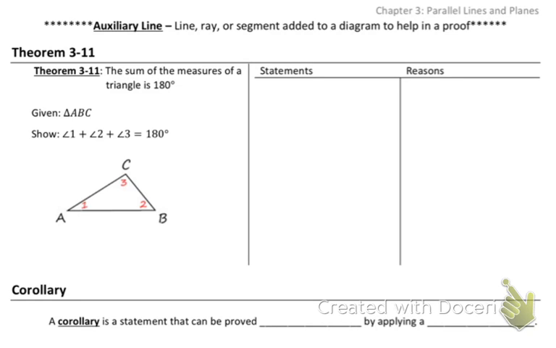So it says, given that I have triangle ABC, show that angle 1 plus angle 2 plus angle 3 equals 180 degrees. So this is the auxiliary line I'm going to draw. I'm going to draw a straight line across here.